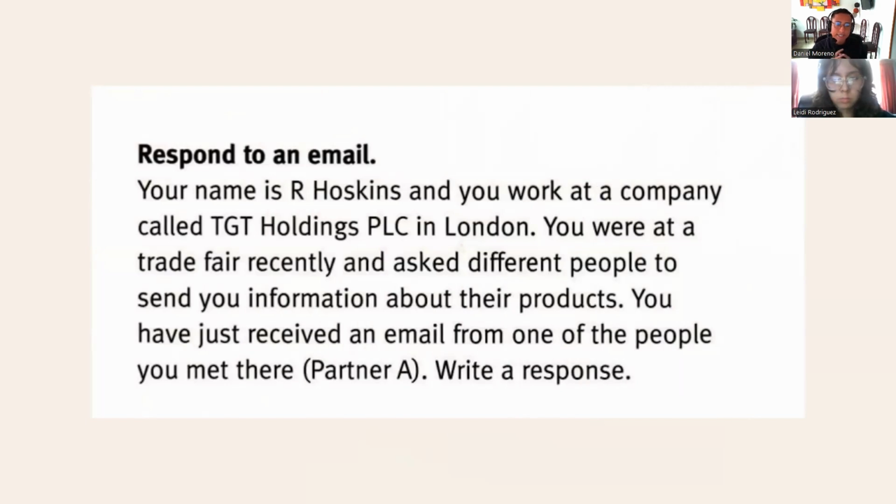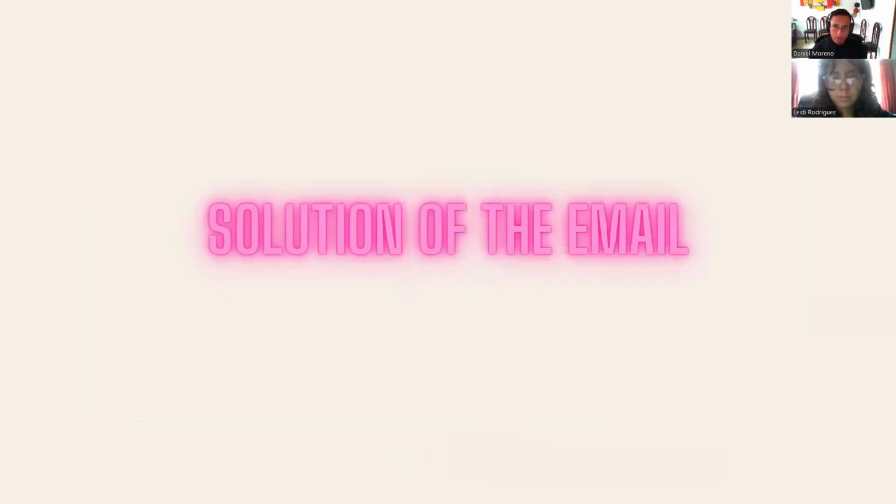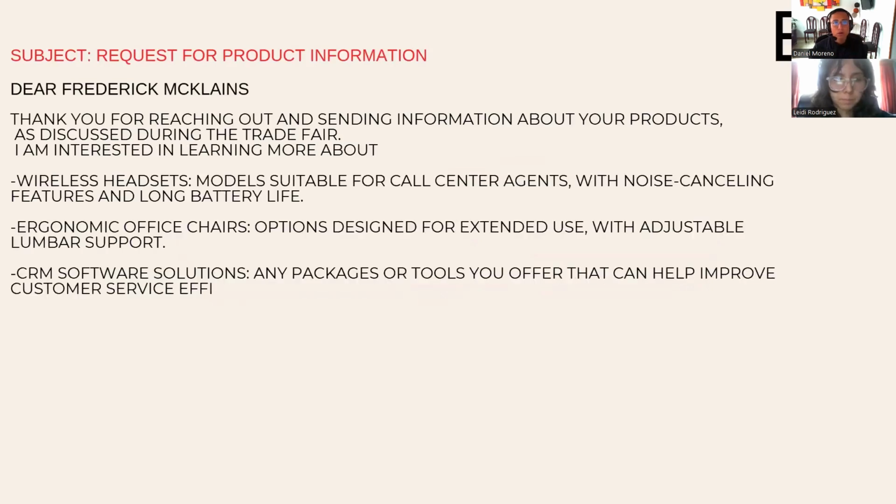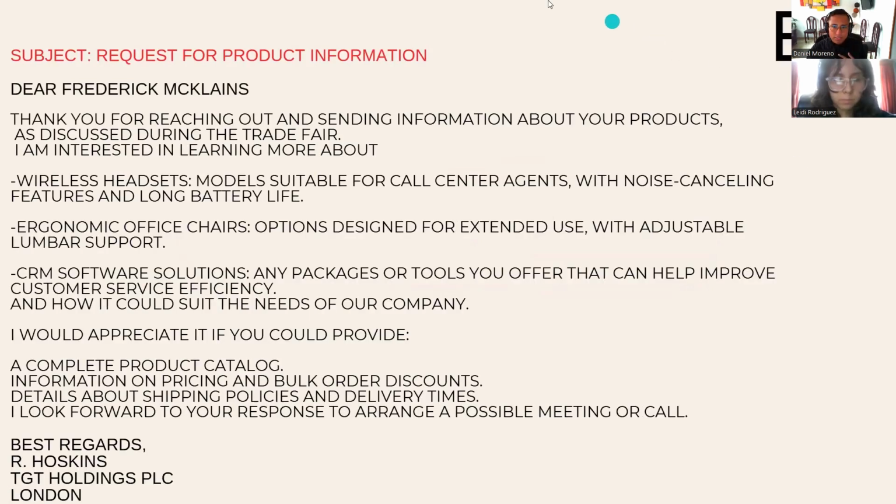You have just received an email from one of the people you met there. In this case, the partner A, and write the responses. So that's the response to the email, or the solution. Yeah. So, we follow the same steps that we did before.